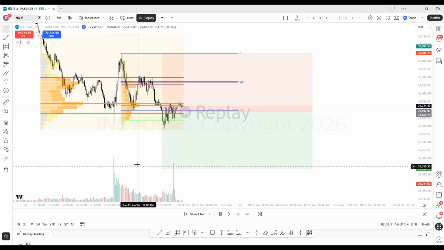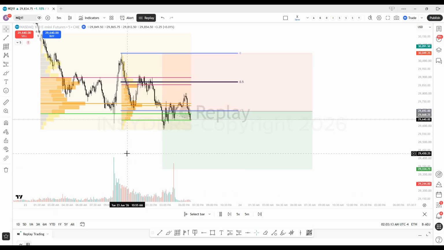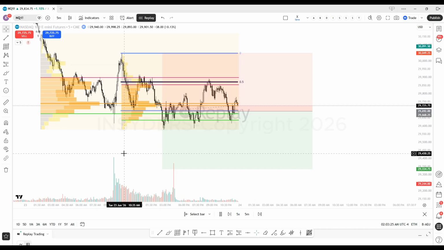So another thing about this is the longer price spends inside section 3, the stronger the idea becomes. This is a form of acceptance. Buyers and sellers have agreed upon where price is comfortable.